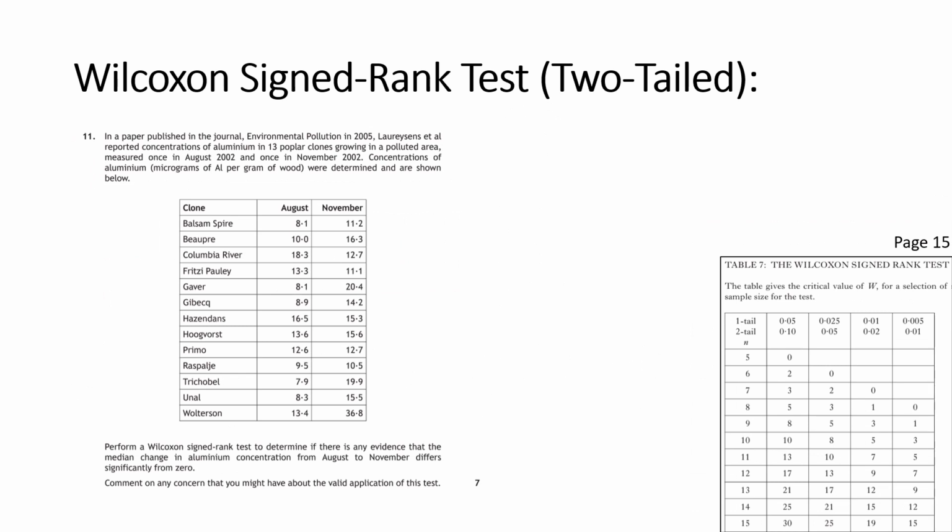Now we'll do a two-tailed test. I recommend pausing the video to read this question. First thing we do here is we find the differences. I can show it much easier now.